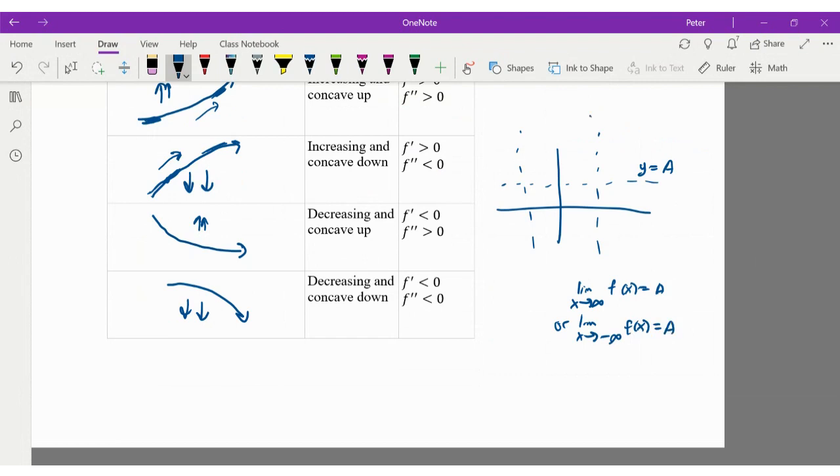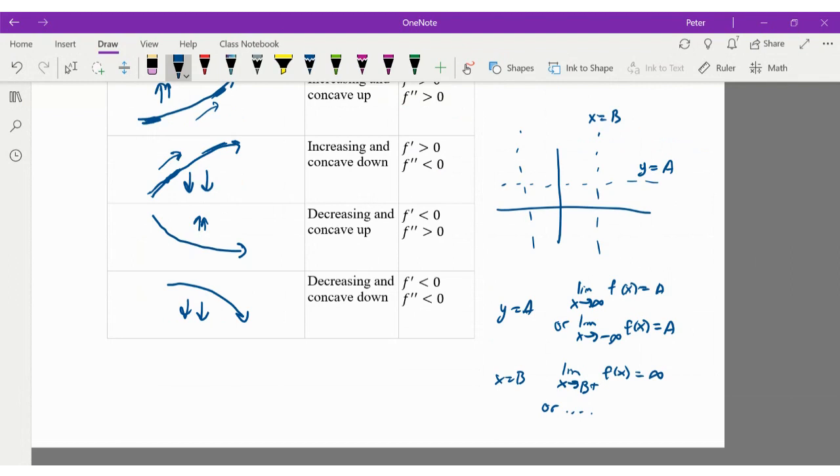And we learned that x equals b is a vertical asymptote if either the limit as x approaches b from the positive side of f of x equals infinity, or, and then there were four other combinations of that. I don't want to spend time writing them out, but I could have b approaching from the negative side, and I could have the limit equal to negative infinity. So we had all those different combinations.